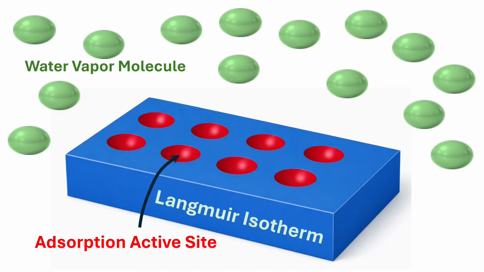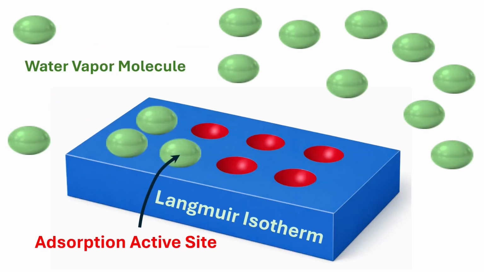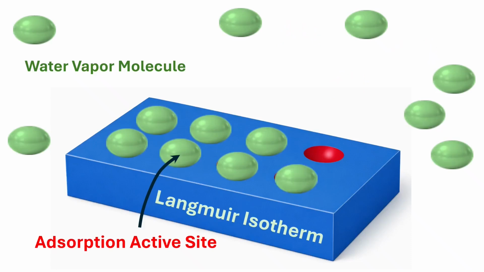He considered that when all sites are occupied by water molecules, then it would not be possible to adsorb any more water molecules. We could observe the process on the surface. This was his core hypothesis.